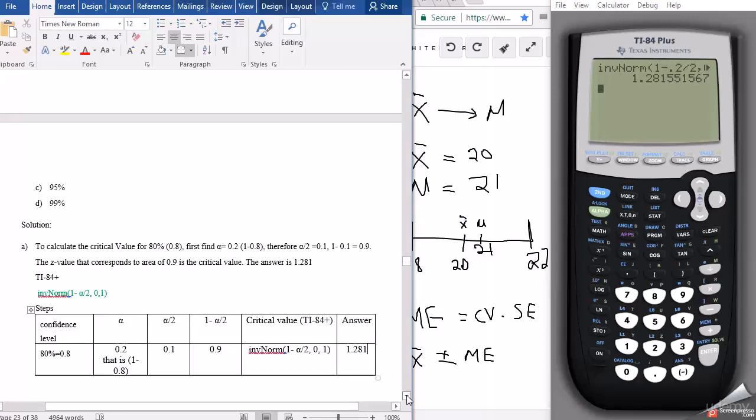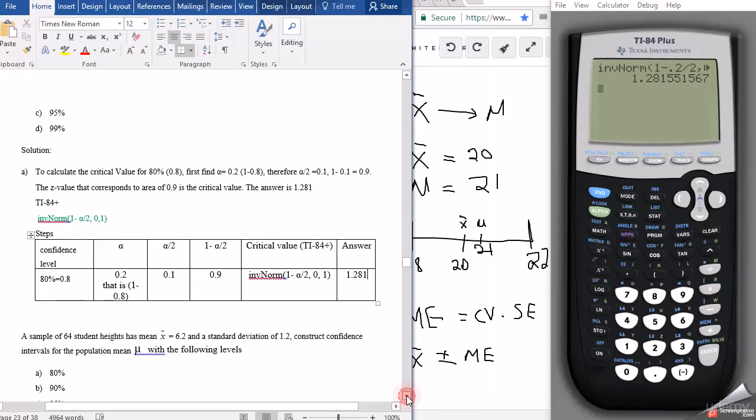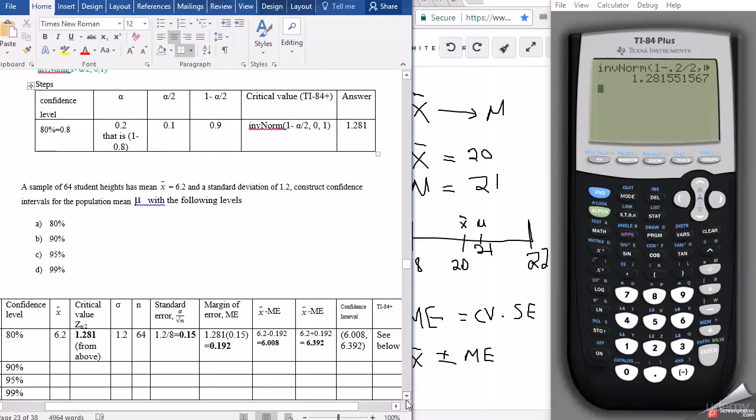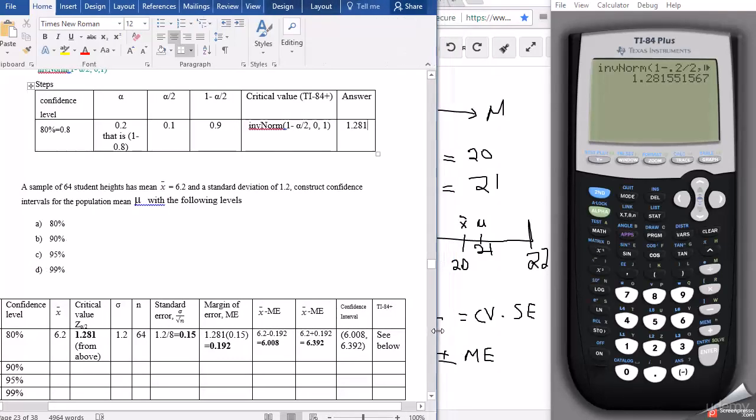Okay, now we're going to take this critical value and go to find the confidence interval. And of course, one last thing we need to find is the standard error. Look at this example: a sample of 64 students where students' height has a mean of 6.2, the standard deviation is 1.2.